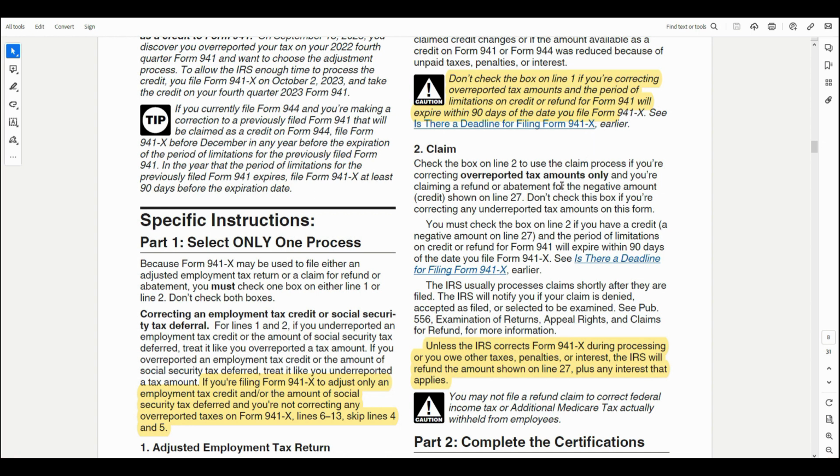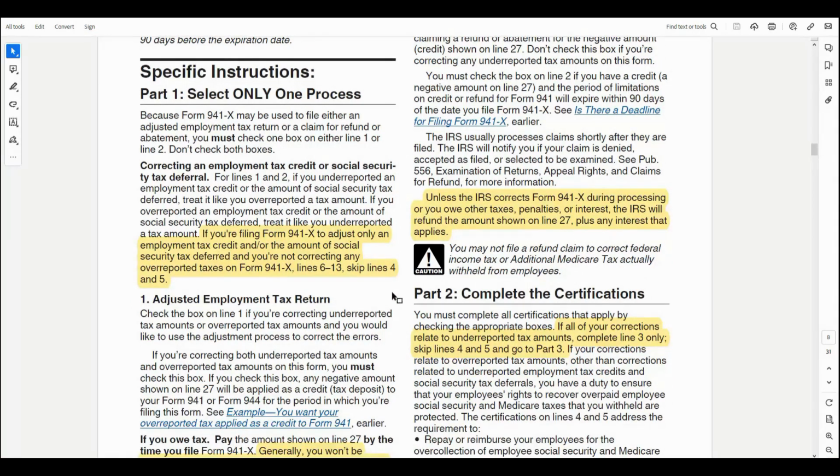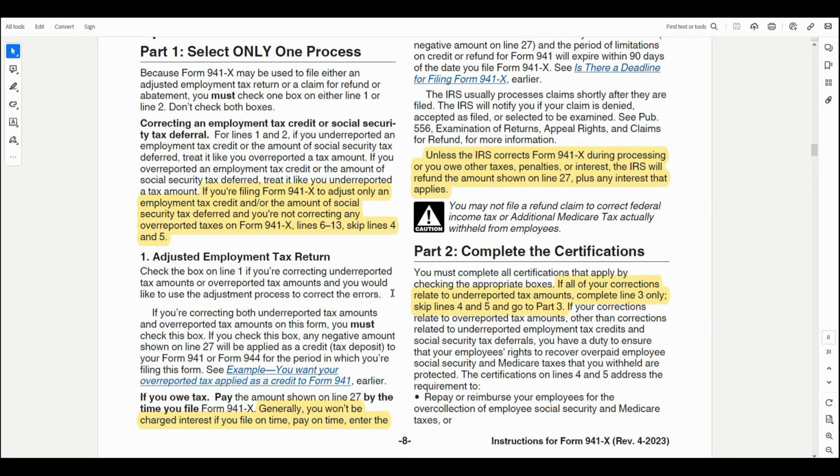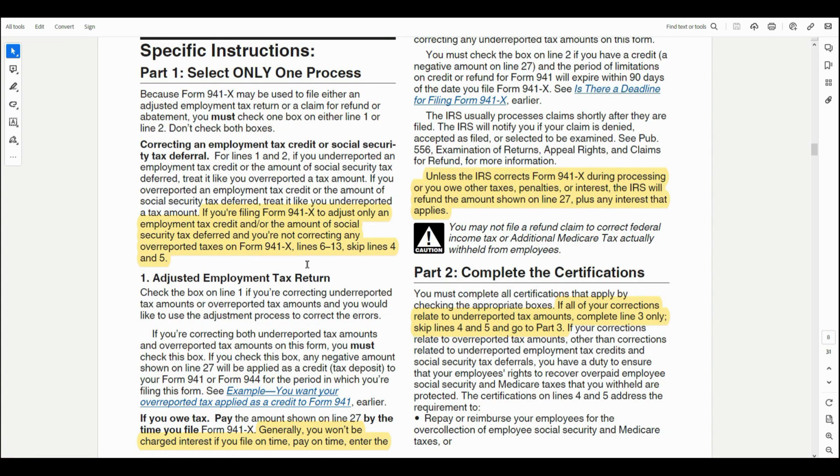So we're a little ways off from this applying, but if you do find a mistake, you'll wanna check that, and then there's special instructions for that as well. Okay, but we're gonna stick with what we're doing right now, which is trying to claim that credit. Okay, so again, we're gonna skip lines 4 and 5 because we're only using this form to adjust for an employment tax credit.